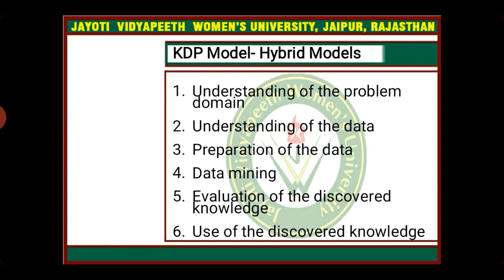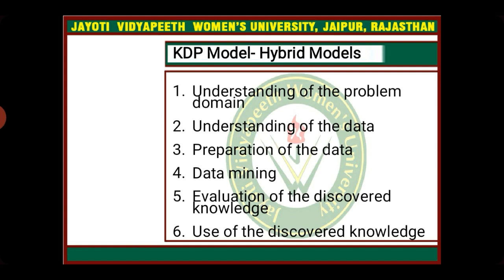For example, data were misrepresented or discretized in the understanding of the data step. Fifth is from data mining to preparation of the data. This loop is caused by the need to improve data preparation, which often results from the specific requirements of the data mining method used, since these requirements may not have been known during the preparation of the data step.